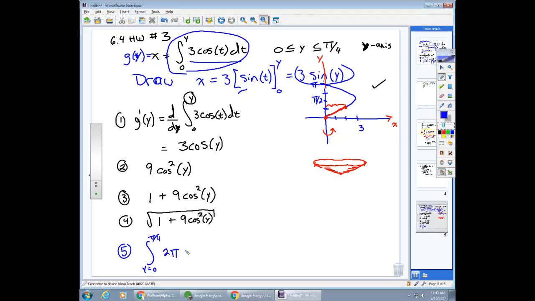So I'm going to have a 3 sine of y. So it turns out I did need to do that. Sine of y. And then times that square root we just found. 1 plus 9 cosine squared of y dy.